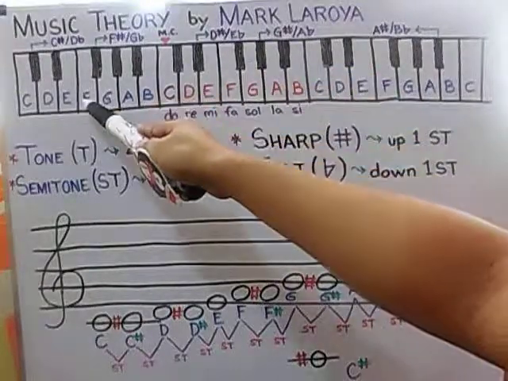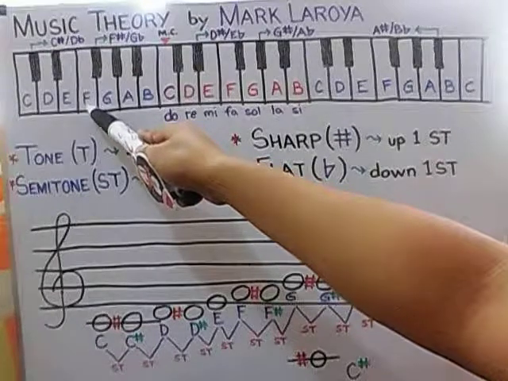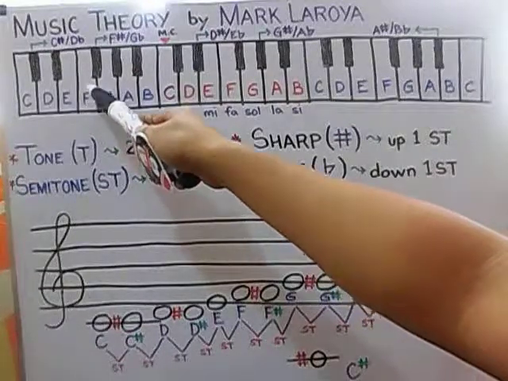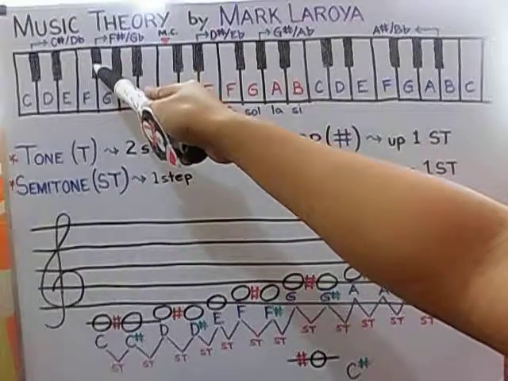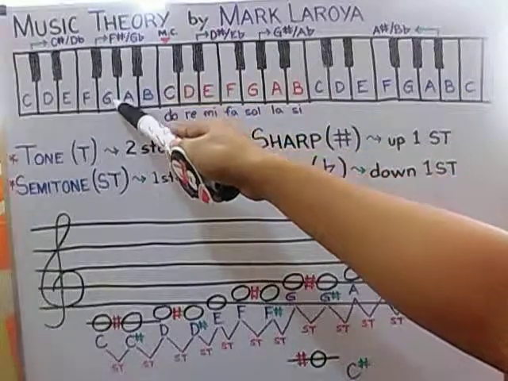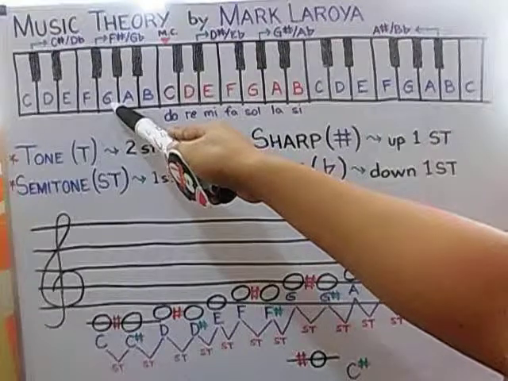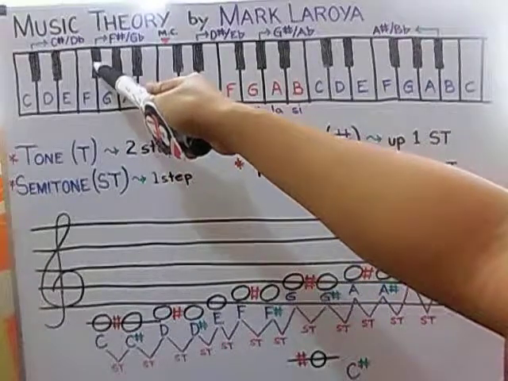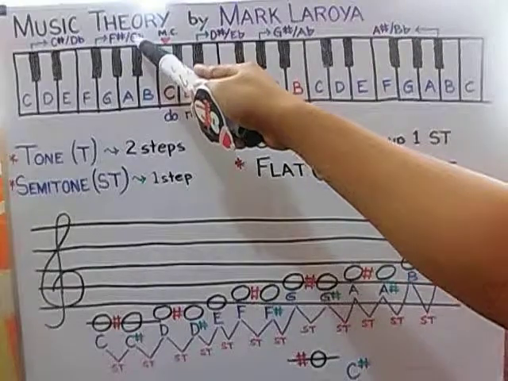Then if we start from F, one step, a semitone, let's put a sharp. So one step or a semitone, this is F sharp. From G, one step to your left, or G flat. So F sharp is equal to G flat.